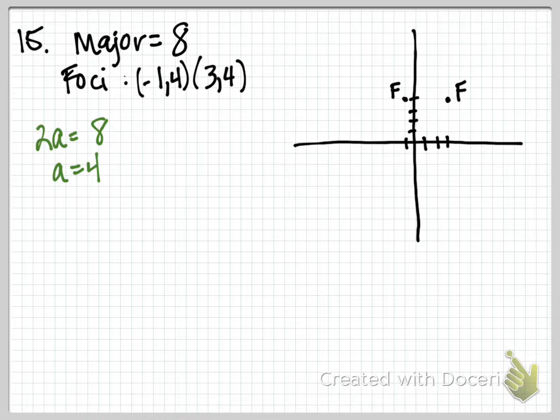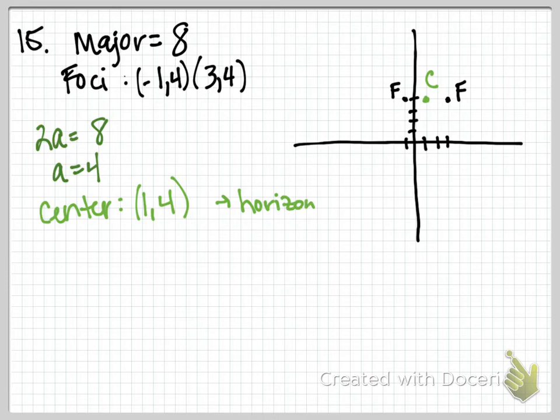First of all, it tells us where the center is. So we have our center being at the point 1, 4. It also tells us that this is a horizontal ellipse because we know that the foci and the vertices go in the same direction. So since my foci are left and right, my vertices will also be left and right.